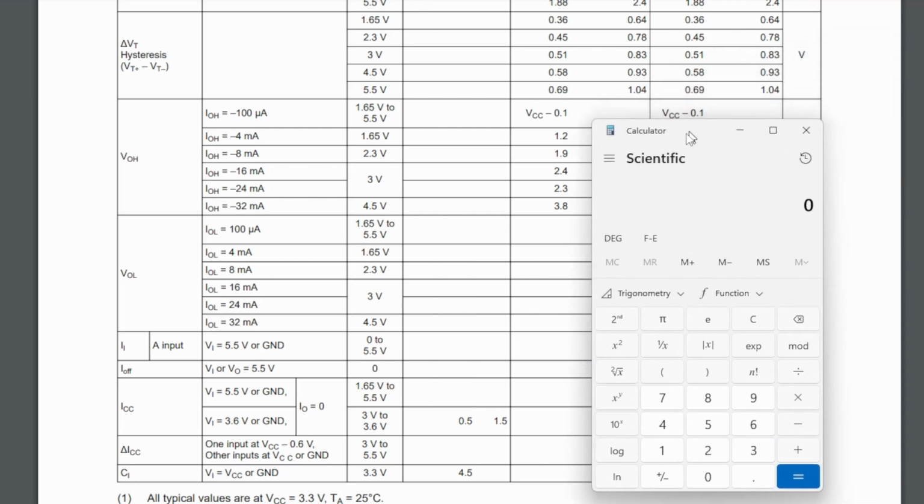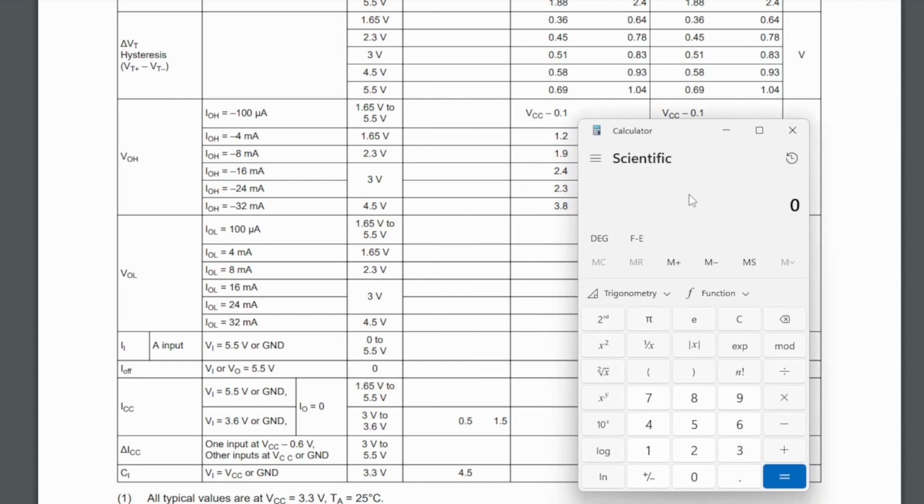Assuming that we're operating our device at 3 volts, which is what the supply says here, and the output voltage is 2.4 volts, then that means my PFET has 3 minus 2.4 volts across it, so 0.6 volts. I can take that voltage and divide by the current, which is 0.016 or 16 milliamps, and that tells me that my output has a resistance of 37.5 ohms in this condition.